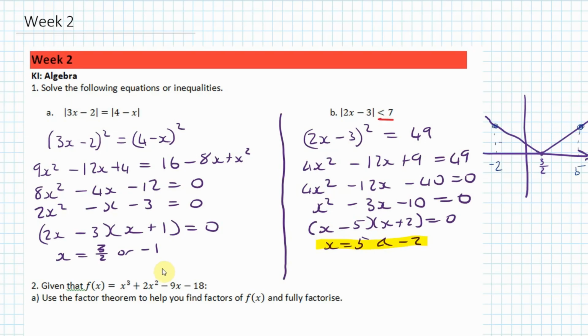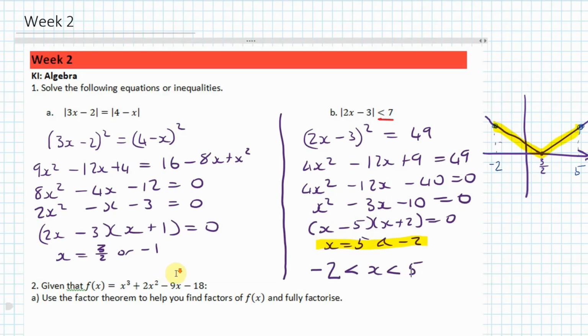You can quite easily see that it's less than 7 from here to here. So our final answer should be minus 2 is less than x is less than 5. And that should be all we need for that one. So it's good to be able to just quickly sketch these as well.